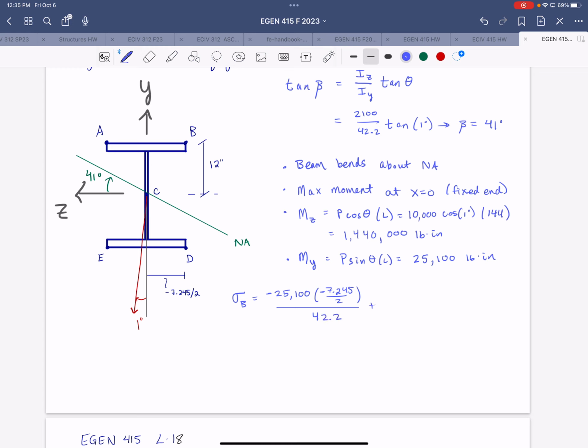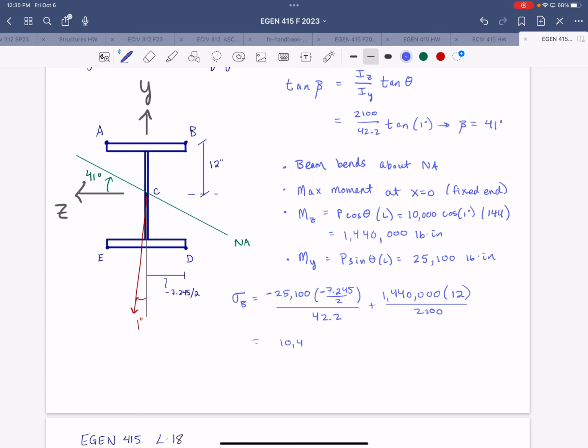And then plus 1.44 million pound inches times the vertical distance to point B, which is positive 12, divided by 2100. So that gives us 10,400 PSI, which is right around 20%.